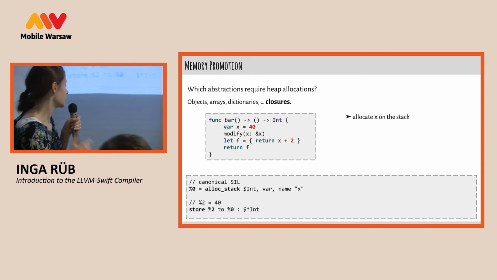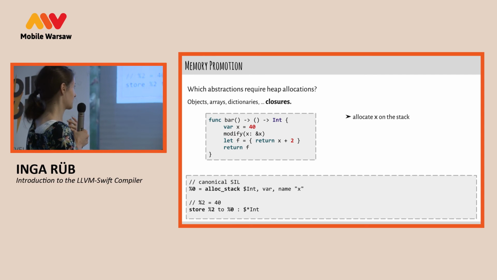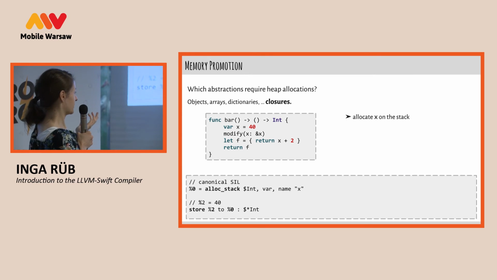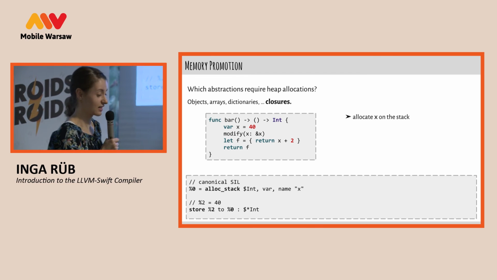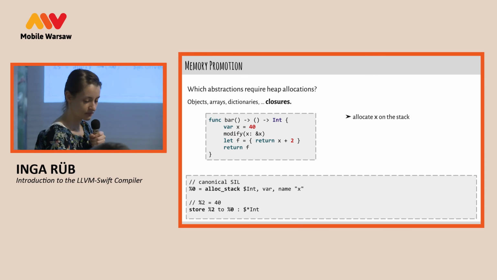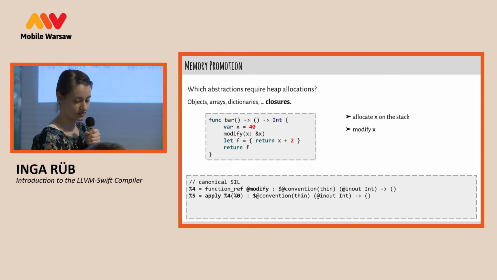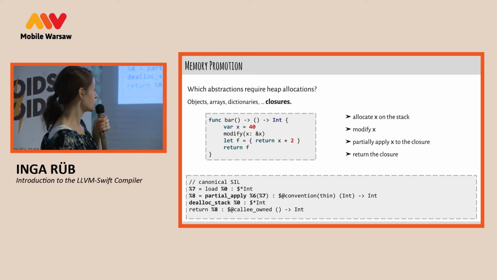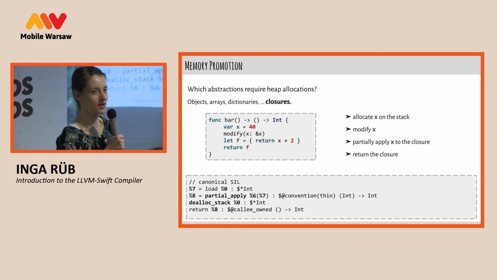So now let's have a look at the code, which is canonical SIL, which is the code with applied optimization. We allocate memory on the stack for our variable. We don't have to have this alloc_box. Then we store the value 40. It's very simple. We also apply the function modify, just as before, and then we do partial_apply, and we pass as an argument not the alloc_box, not the reference to the value which was allocated on the heap, but the value.